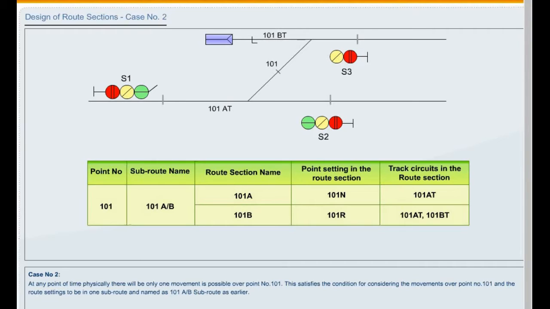This satisfies the condition for considering the movements over point number 101 and route setting to be in one subroute and named as 101A by B subroute as earlier.